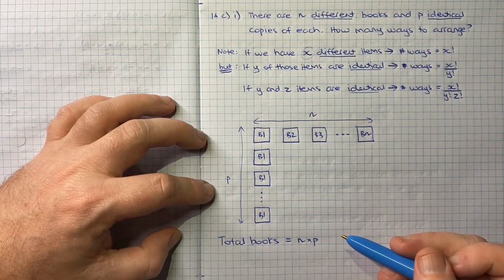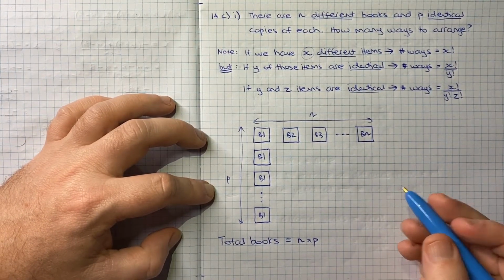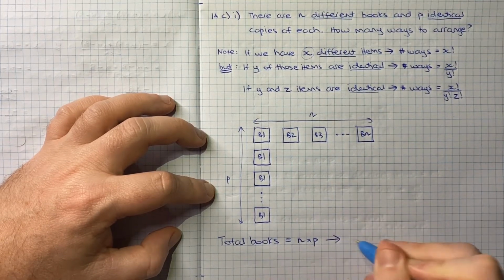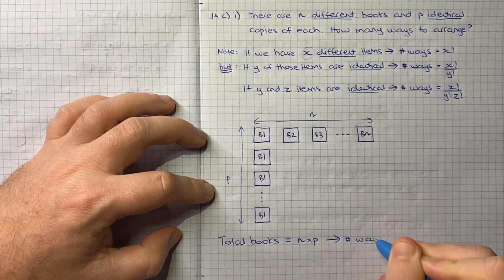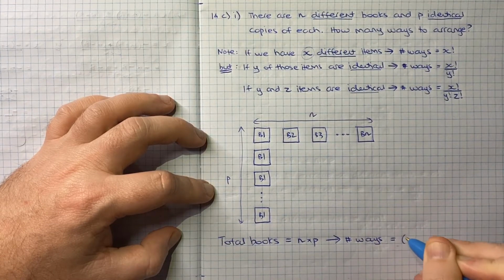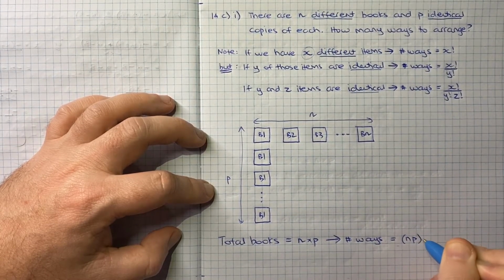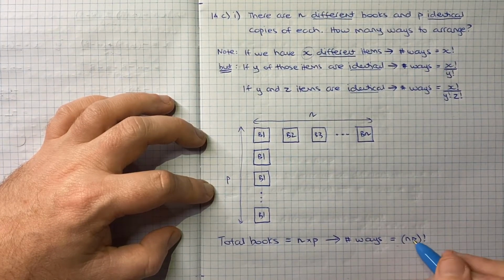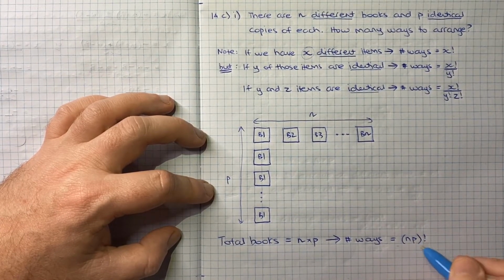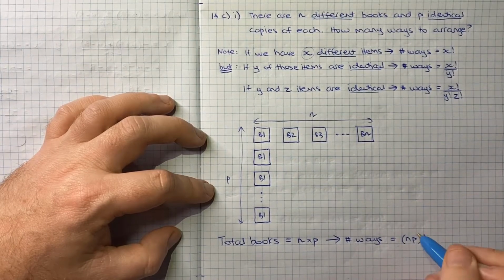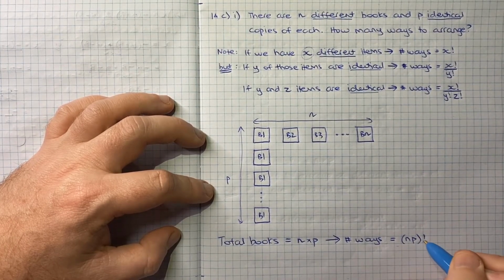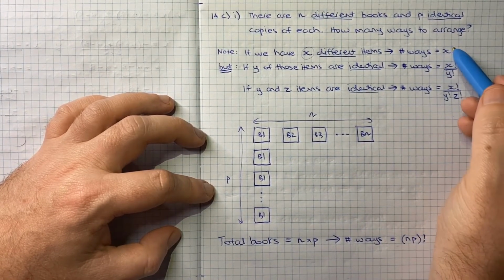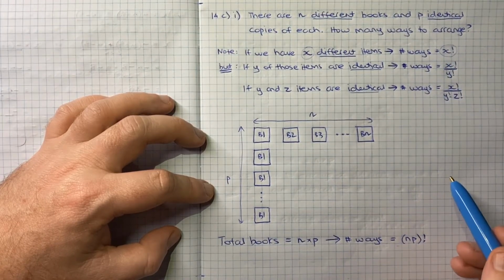The number of ways to arrange those books would be equal to (n times p) factorial. And I've written that in brackets quite deliberately to make sure you don't think it's n times p factorial. It's n times p, whatever that is, the factorial of that number. And that's effectively just the equivalent of this here.